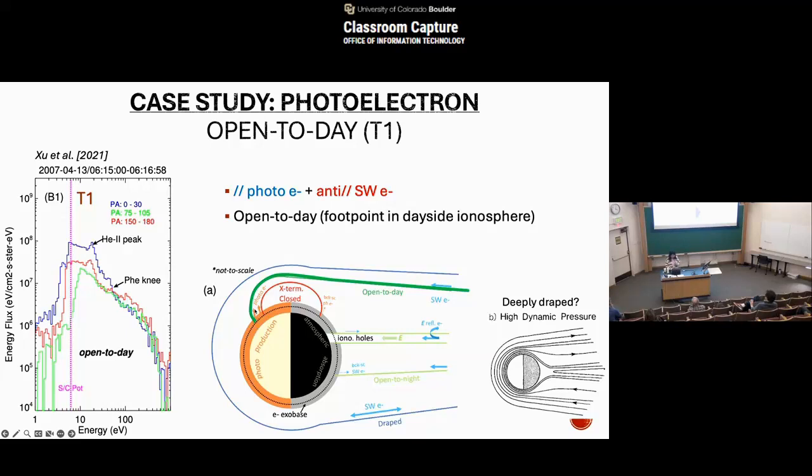So that's why we have photoelectrons streaming out of the planet, and also solar wind streaming in towards the planet. So this kind of configuration can happen when IMF penetrates very deep into the ionosphere. That's how you can have access to both the ionosphere and the solar wind.